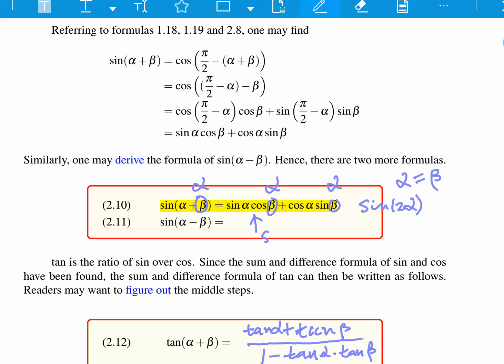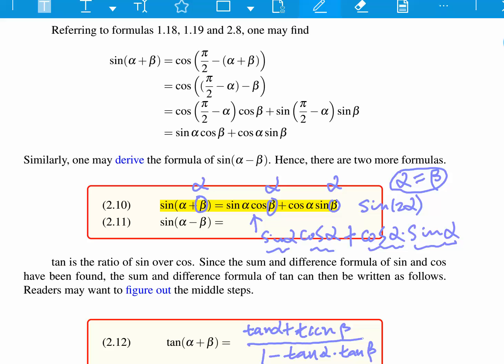here, you have a sine alpha cosine alpha plus here is cosine alpha, and then this one will be sine alpha because again they are equal. You may then replace this beta with alpha. You have sine alpha cosine alpha, sine alpha cosine alpha, and you can add those together.